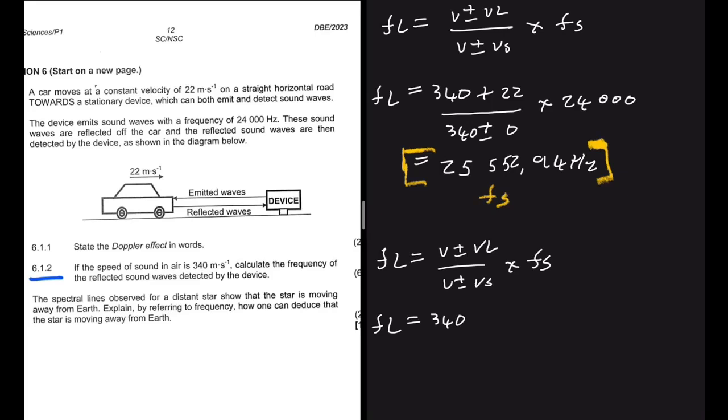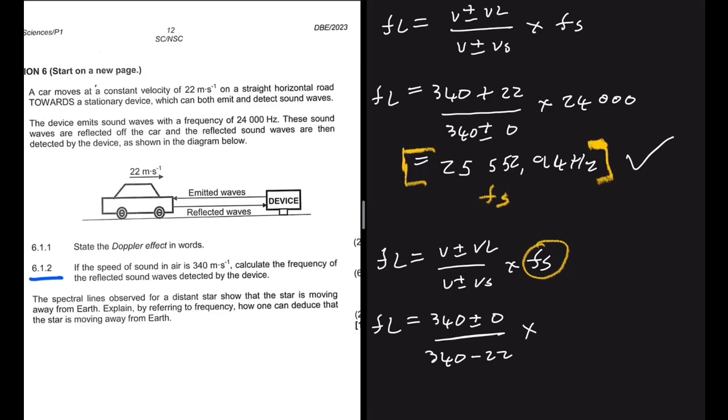We know that it is stationary, so we have plus or minus 0, divided by 340, and now our sound source is the car, moving towards the device. So we have 340 minus 22, multiplied by the frequency of the source, which is what we calculated here, 25,552.94 hertz. That is the frequency being reflected by the car.